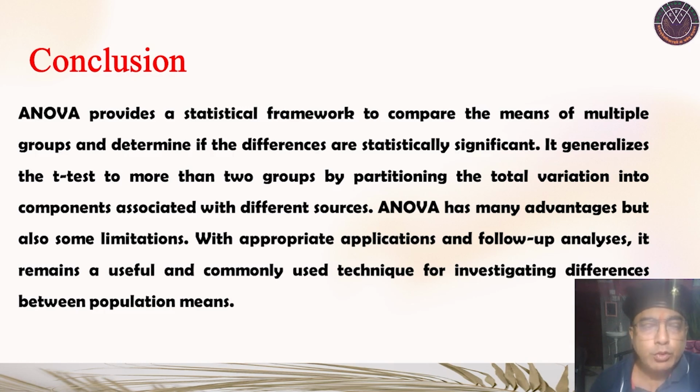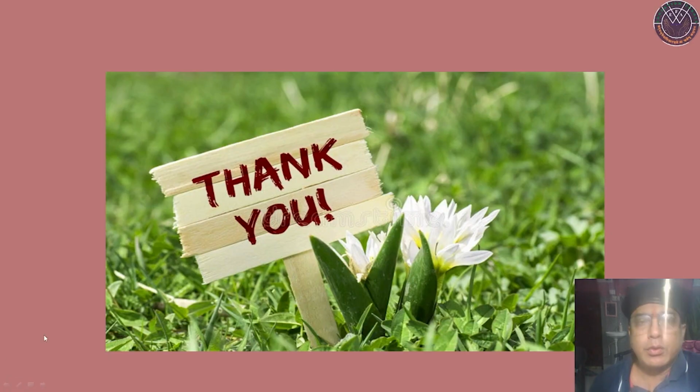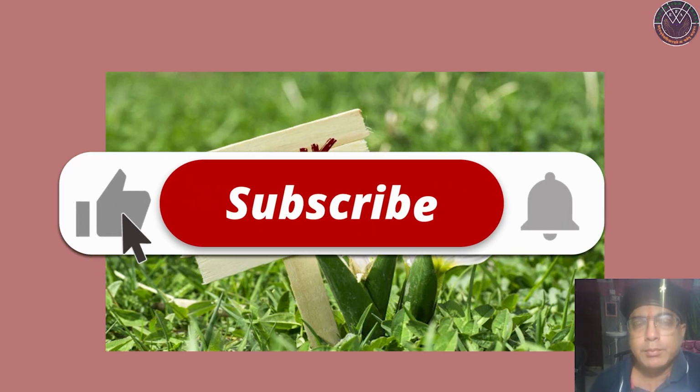It remains a useful and commonly used technique for investigating different populations. If it is more than two groups, basically 3 or 4, in this type of situation you are using ANOVA, so it is quite useful. So I hope you can understand how to calculate ANOVA using mathematical steps.